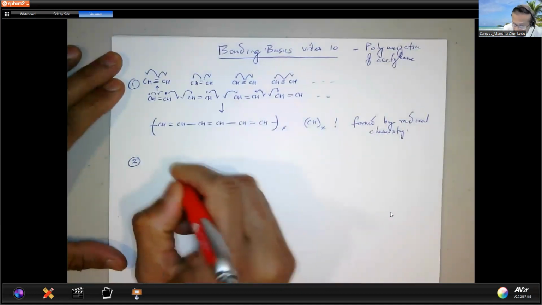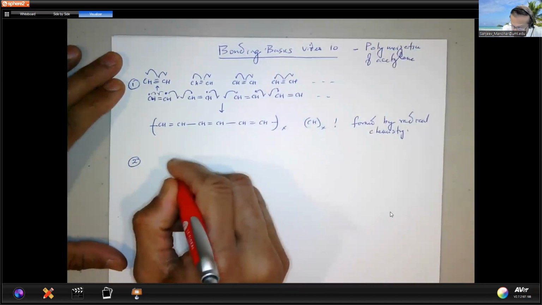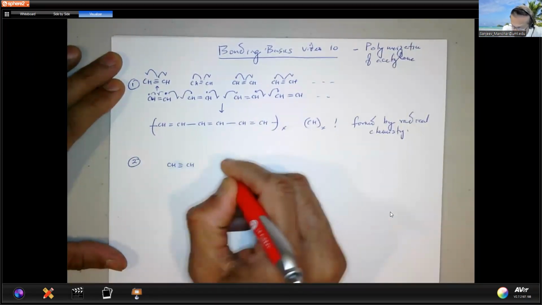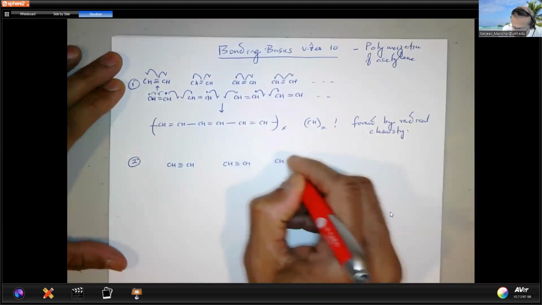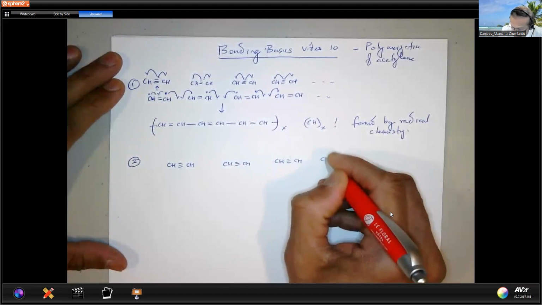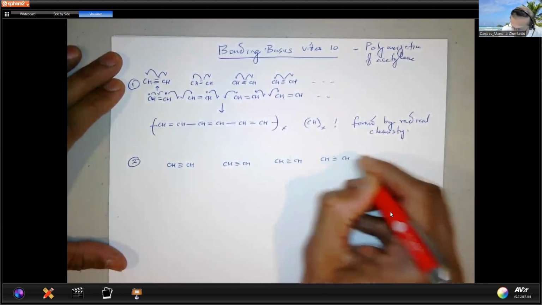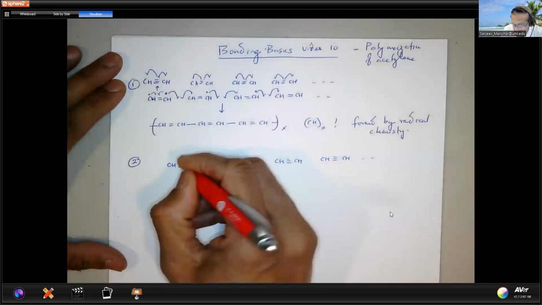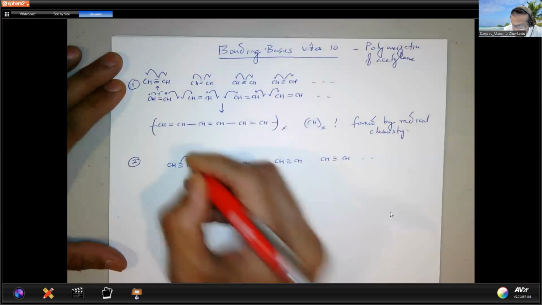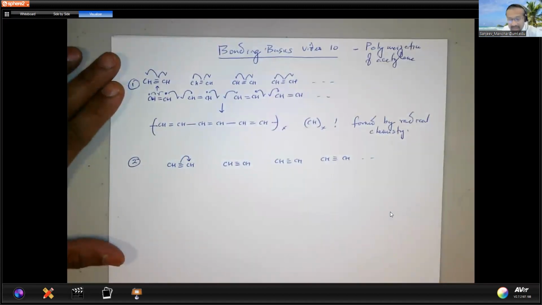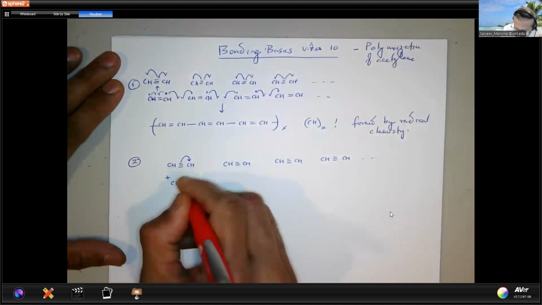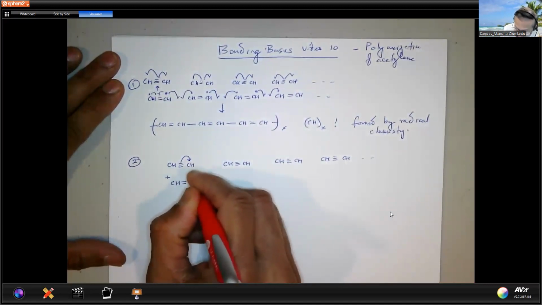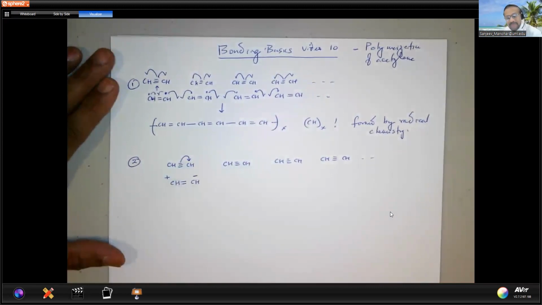Remember, I also mentioned if you have CH triple bond CH, CH triple bond CH, and so on, you can also move arrows this way, which will give you what?